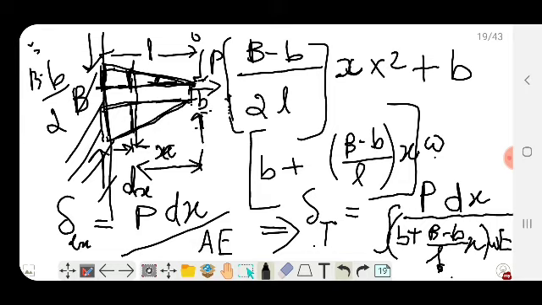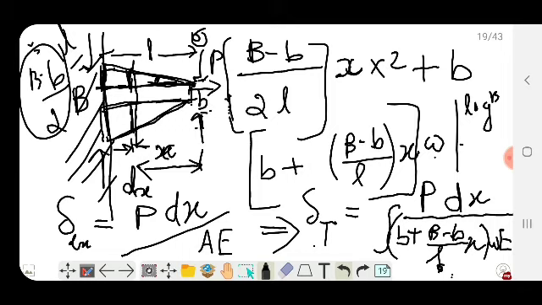If we are substituting that, log b plus b minus log b, it will be giving you log b plus b minus b by L times x. x is ranging from 0 to L only, that height only is varying from 0 to b minus b by 2.